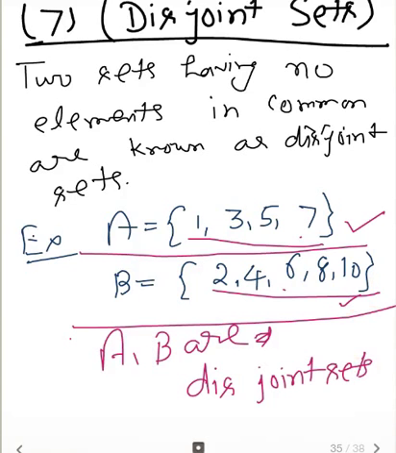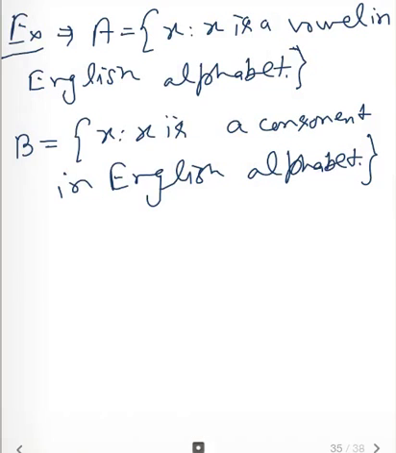Right? Okay, let's check one more example. Suppose A is such a set where X is a vowel in the English alphabet, and another set B is such that X is a consonant in the English alphabet.